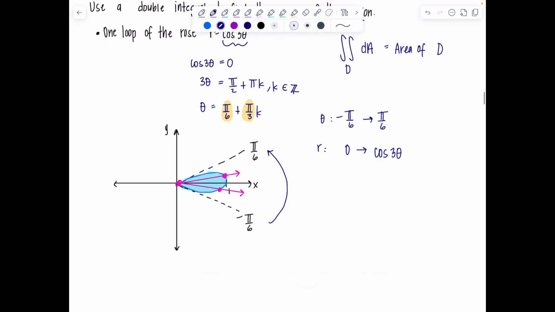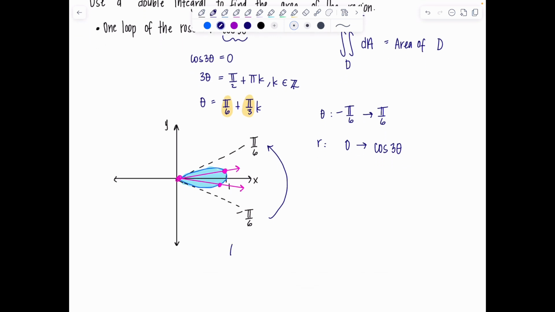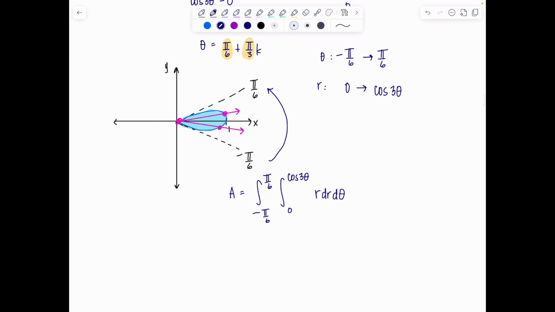It's okay, we got it. So here we go. Let's set up our integral. Area is going to be negative pi over 6 to pi over 6, 0 to cosine 3 theta, and then we don't have a function, we just have dA, which is r dr d theta. So these are my limits here for r.